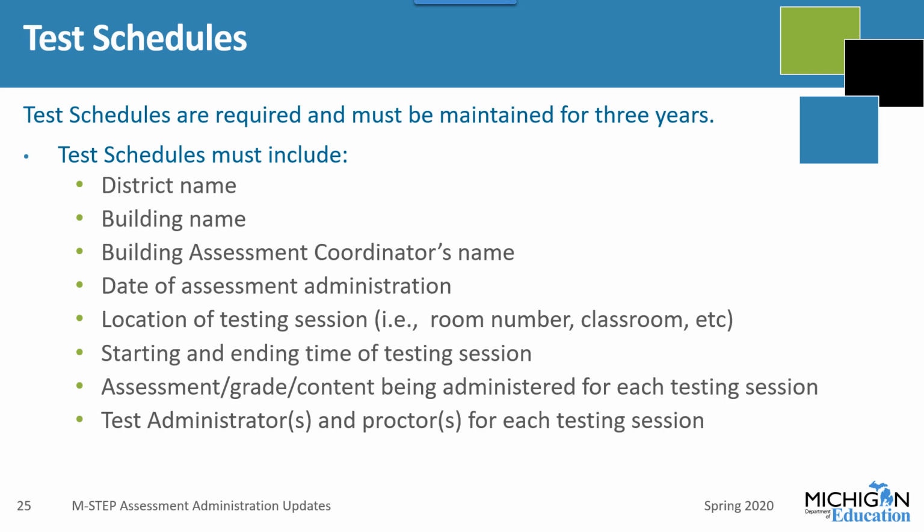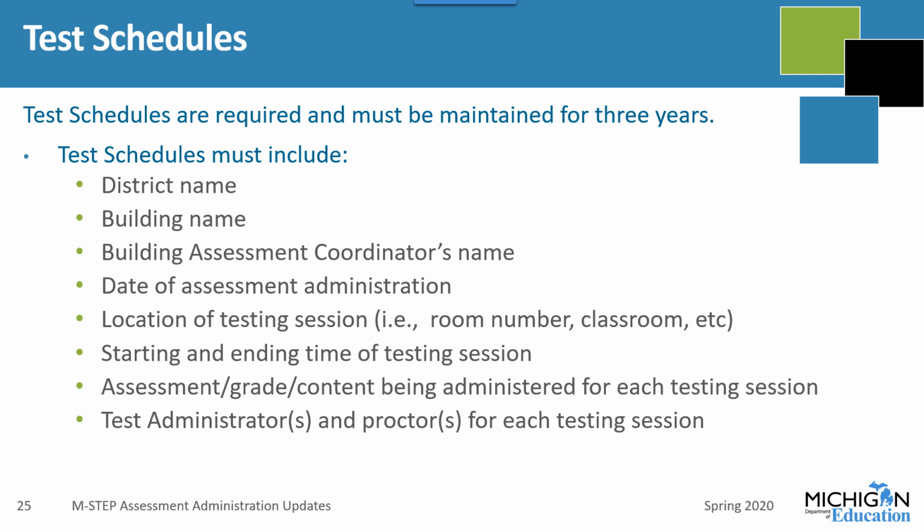Before testing begins, you're going to need to create your building and district testing schedule. These are required to be maintained for 3 years, and they must include the information included on this slide. District and building name, building assessment coordinator's name, the date, location, and starting and ending time of the test administration, the assessment grade and content, and finally test administrator and proctor names for each testing session.